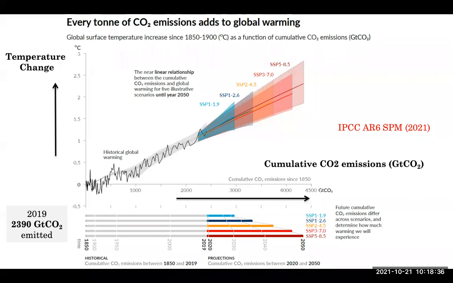But the more we accumulate, so if we continue to accumulate CO2, we will reach 3 to 4 degree warming. So it gives a way to estimate how much we can still emit corresponding to each climate target.